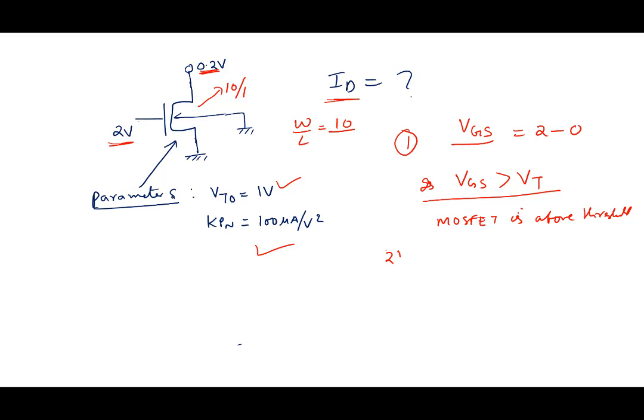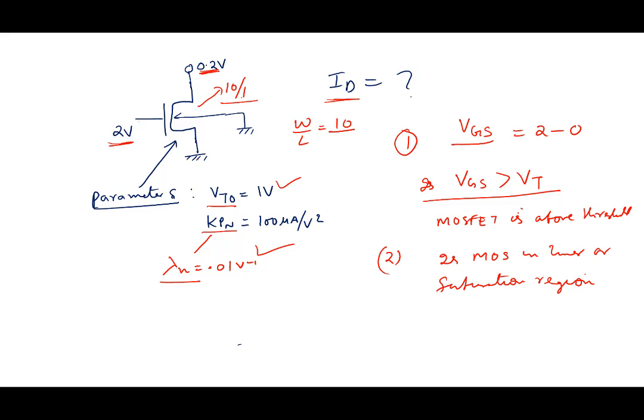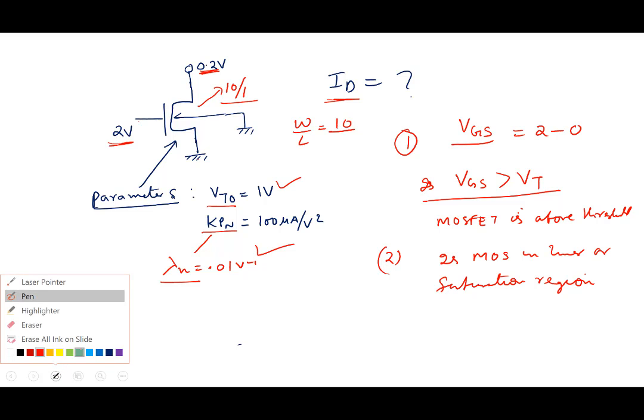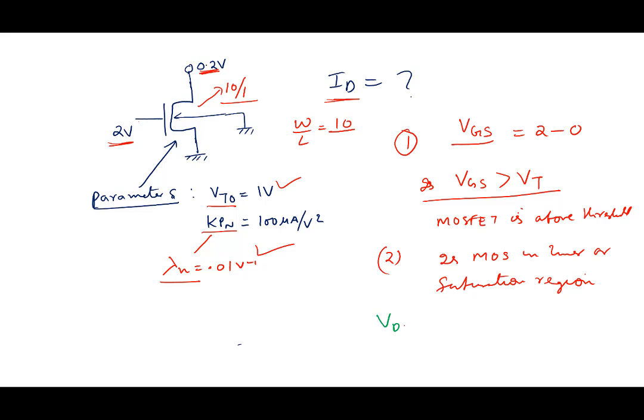The next thing that I have to know is whether the MOS is in linear or saturation region, because we have two different equations. Another parameter that I can give you is lambda n, let's say 0.01 volt inverse. So is MOS in linear or saturation region? For that, you should calculate VD sat.